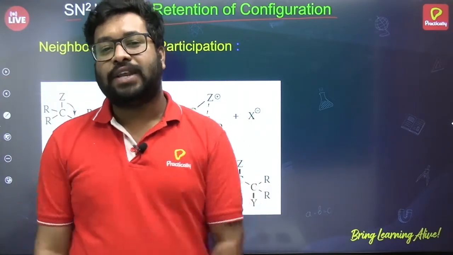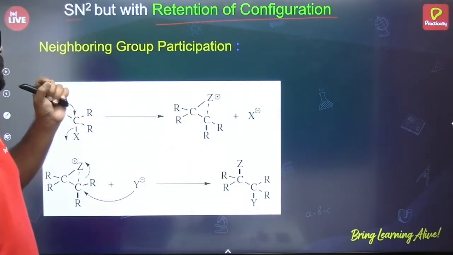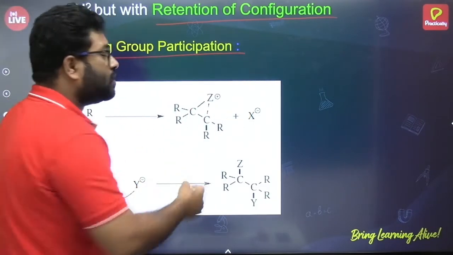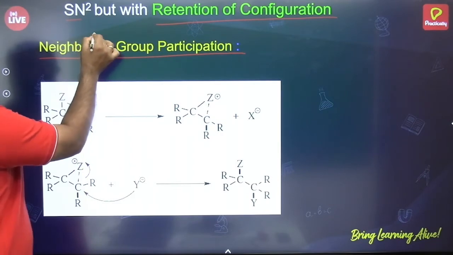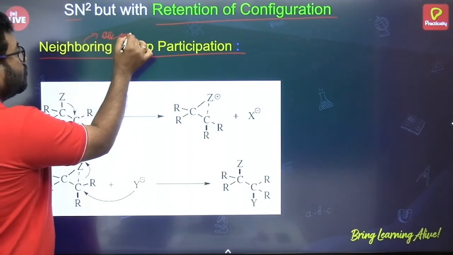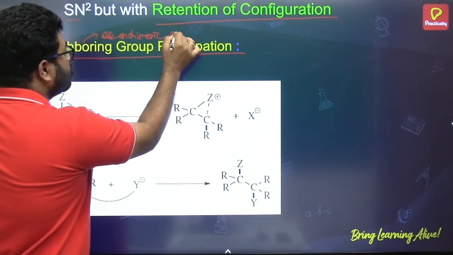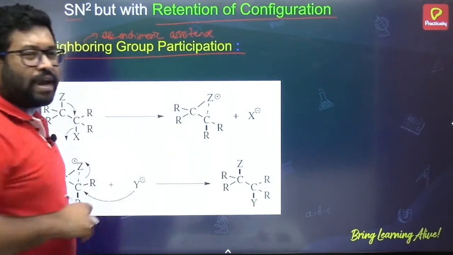But what if I tell you that in neighboring group participation, also called NGP, there is a shortcut? It is also called anchimeric assistance. But anyway, we don't want to get into the name of it.